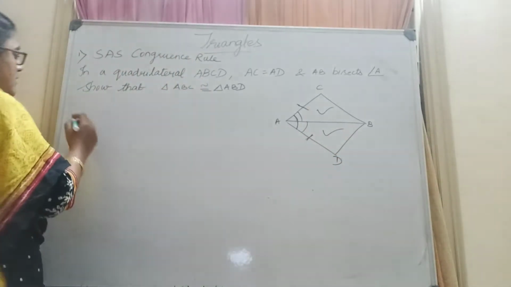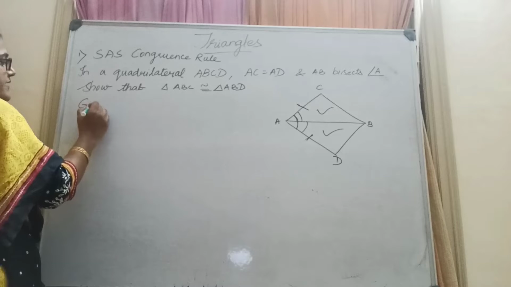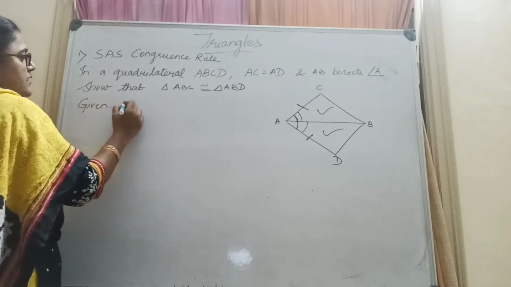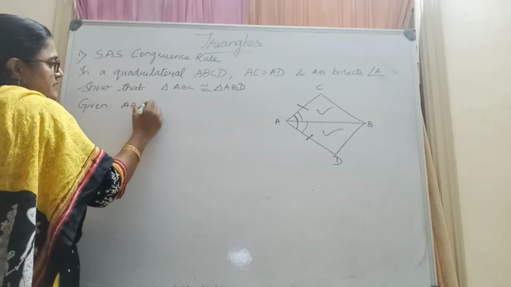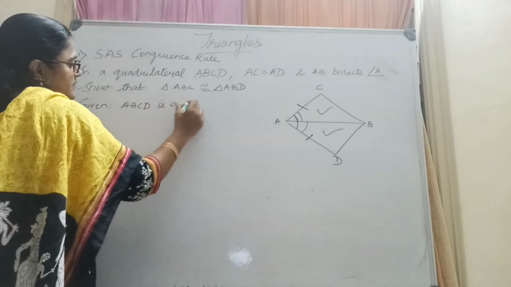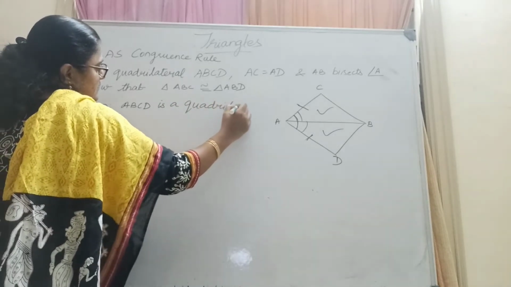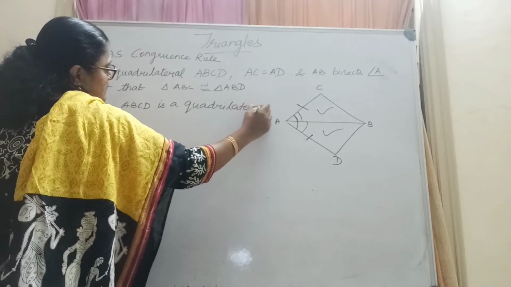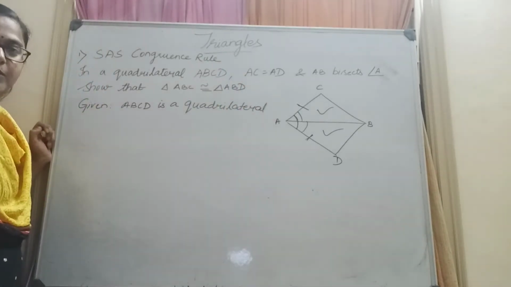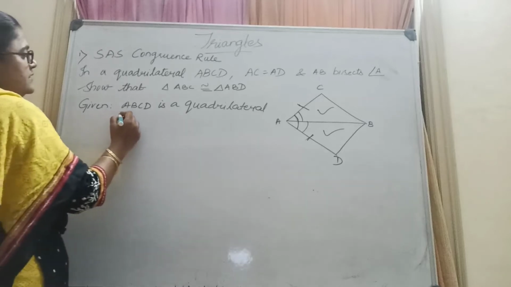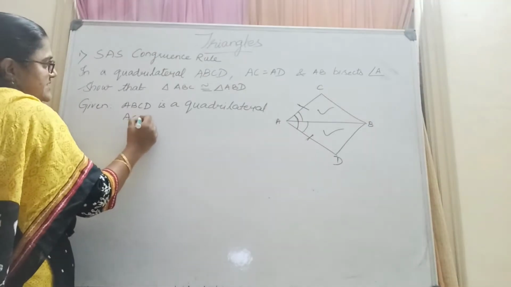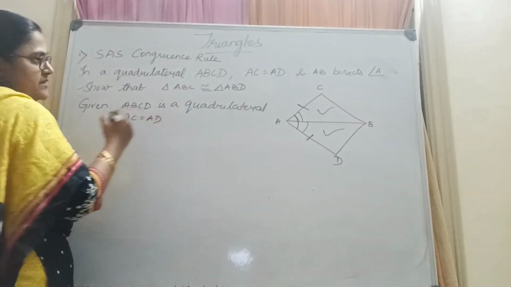Now, as usual, we will write given. What is given? ABCD is a quadrilateral. And then what else is given? AC is equal to AD is given.